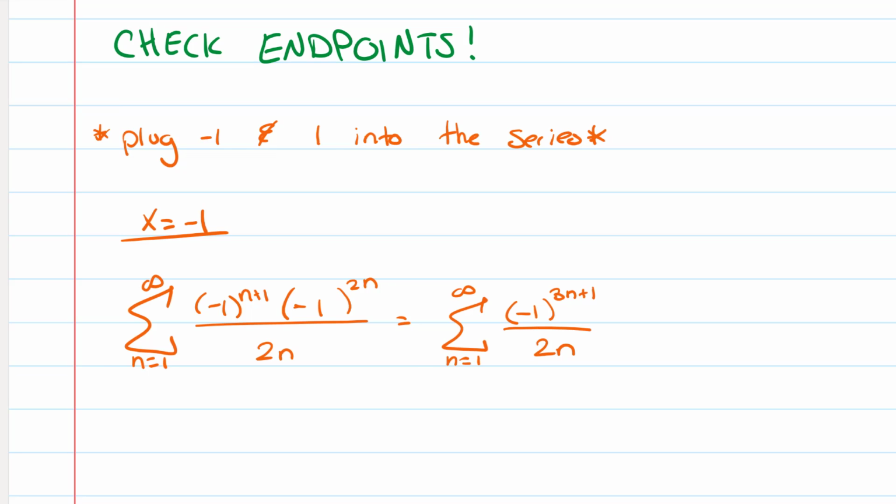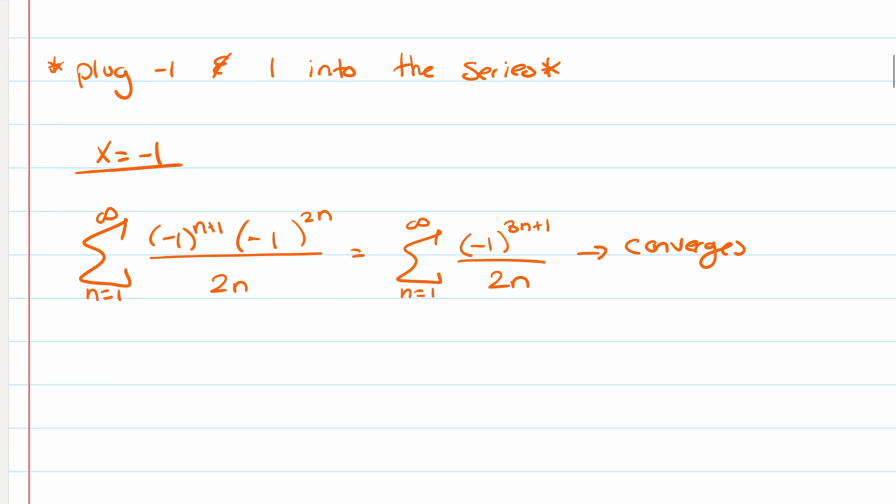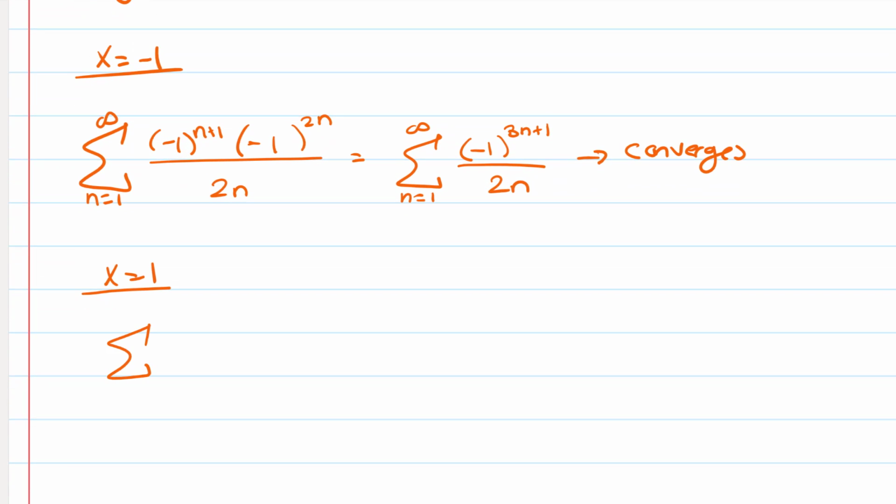Now if I do the alternating series test on this, I will show that this converges by the alternating series test. The next one we have to check is x equals 1. So the sum from n equals 1 to infinity of negative 1 to the n plus 1 times 1 to the 2n, all divided by 2n. Now 1 to the 2n is just equal to 1.